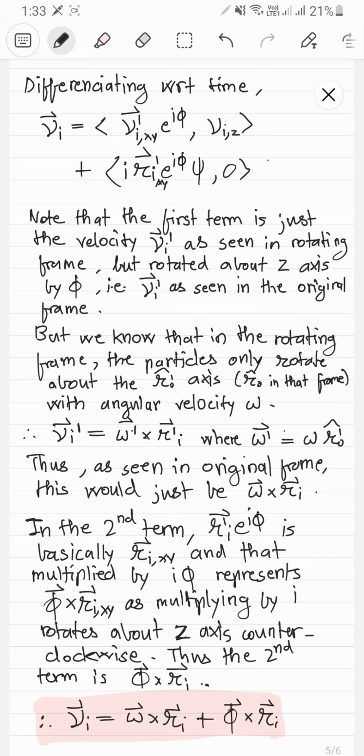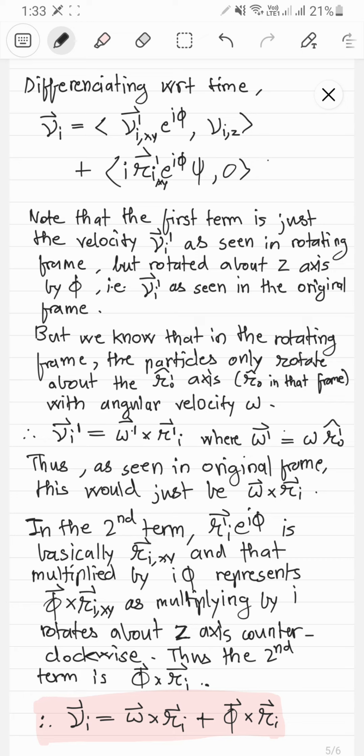So isn't it like the cross product? It is, right? It's just the psi vector cross ri vector, because ri dash xy times e power i psi, seen in the original frame, is just the ri vector, right?